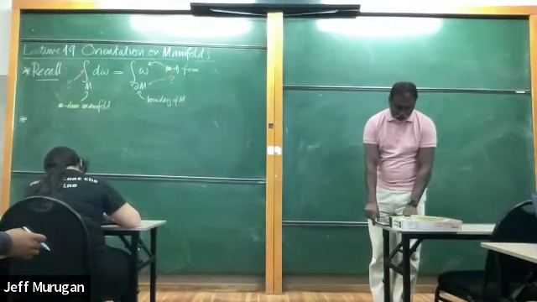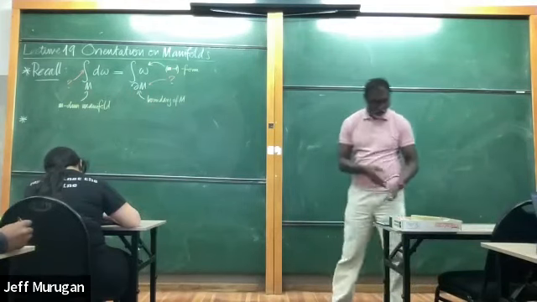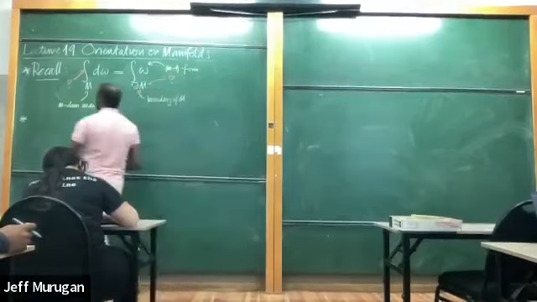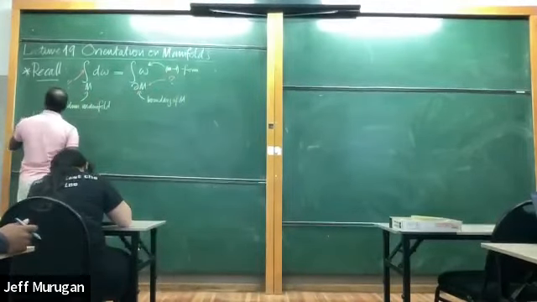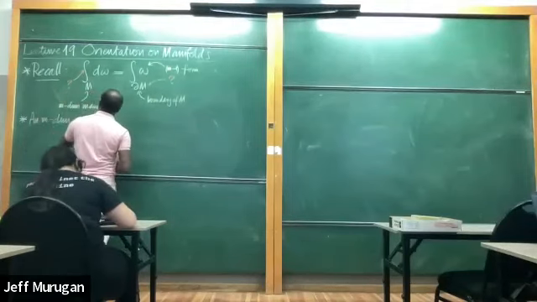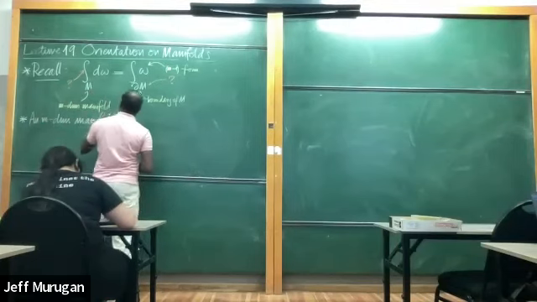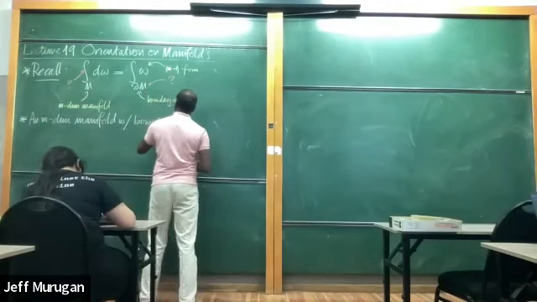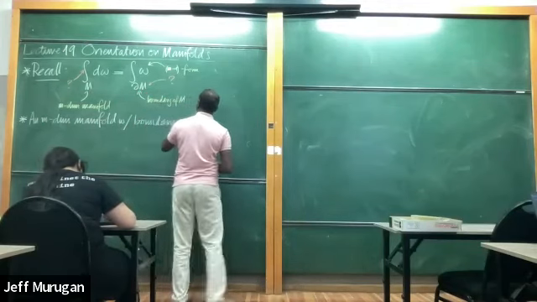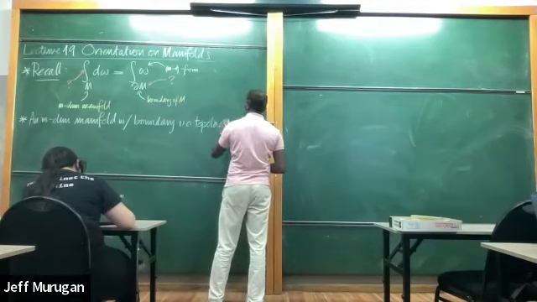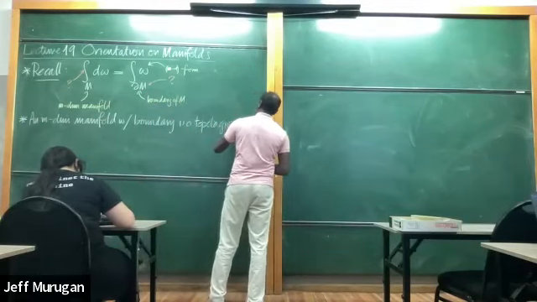An n-dimensional manifold with boundary is a topological space. Again, we'll cover this. I'm going to go through the little parts.